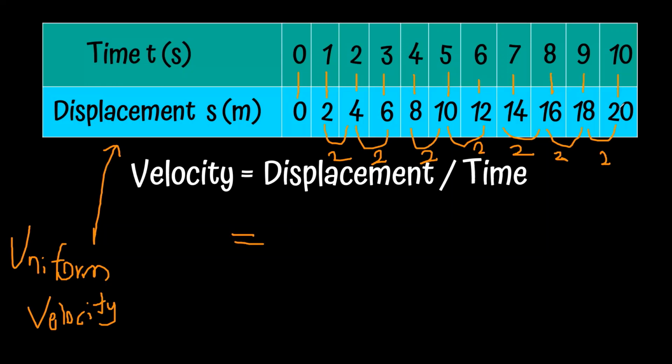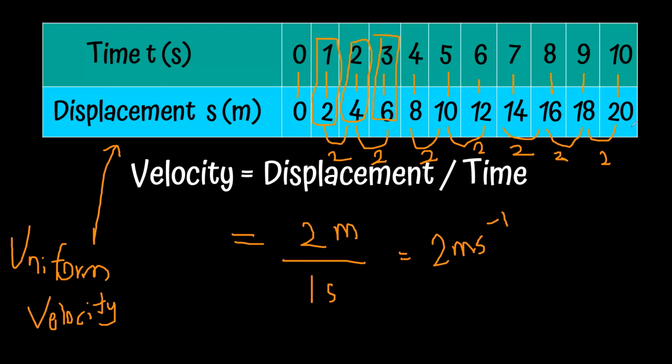So let's solve it. We can take any displacement and time in a rectangle like this. Let's take this displacement 2 meters and time is 1 second. So the answer is 2 meters per second or 2 ms minus 1.